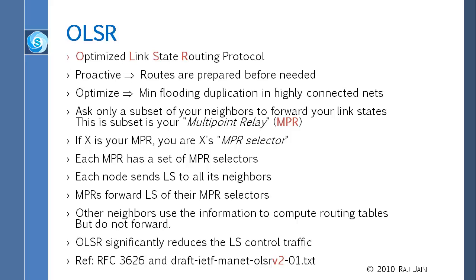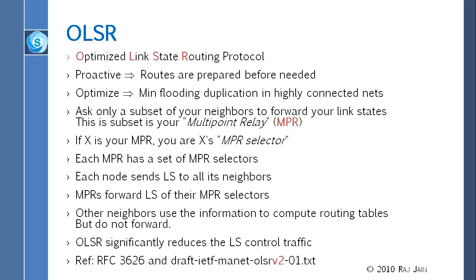Each node sends its LS to all its MPRs, not to all neighbors. Each node sends LS to all its MPRs, and then the MPRs forward it to their neighbors. So other network neighbors use the information to compute routing tables but do not forward. So you might have, let's say, 5 neighbors, and 2 of them you have selected as your relay nodes. So yeah, actually maybe the previous statement was correct.